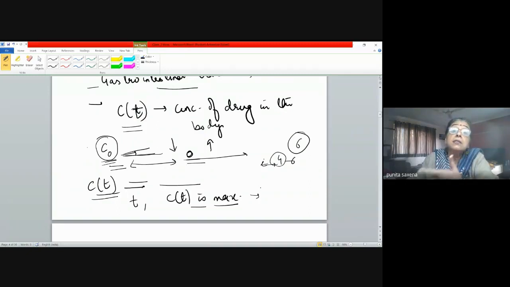As time passes, when will C(t) be zero? That means you have to find t when the limit of C(t) approaches zero, when it has totally left the body. That is what we are doing as mathematicians.